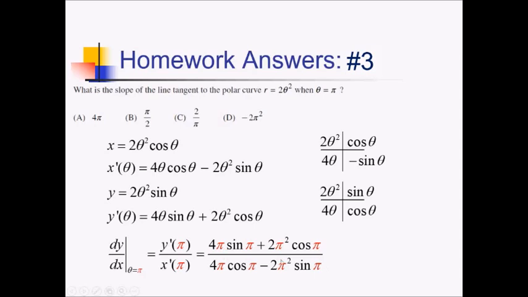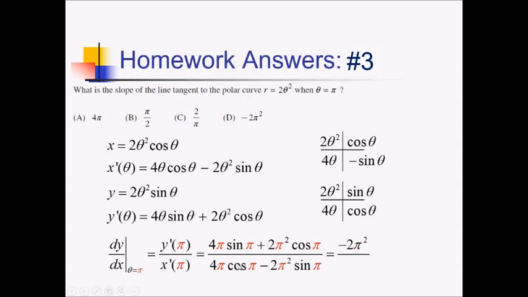But now I have to evaluate all this to get one of the answer choices. So here we got sine of theta, which sine of 180 I know is going to be 0 because that's the y value at 180 on the unit circle. So this first term is just gone. For this next term here, cosine of theta, that's negative 1. So this ends up being negative 2 pi squared.